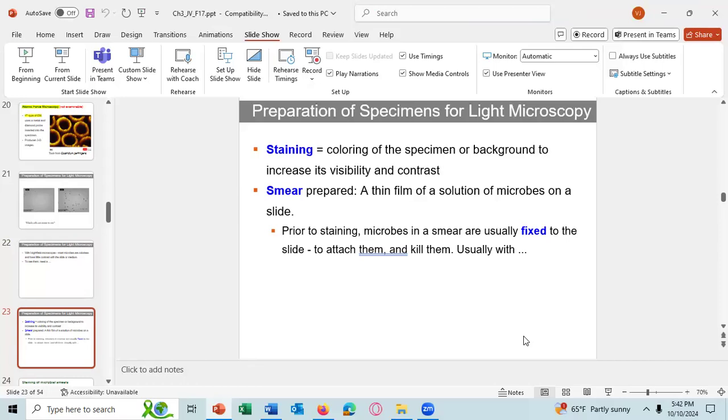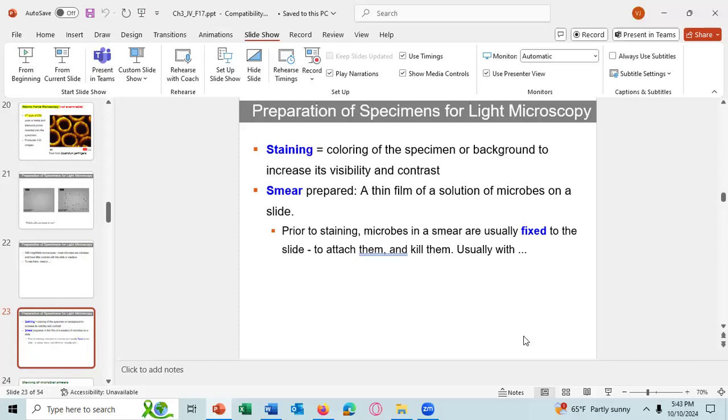A smear, like a bacterial smear, is just a thin film of cells spread on a slide. When you make a smear, you are not staining the slide, although most bacterial smears will later be stained. But the important part to know is that making the bacterial smear and staining the smear are two separate events.